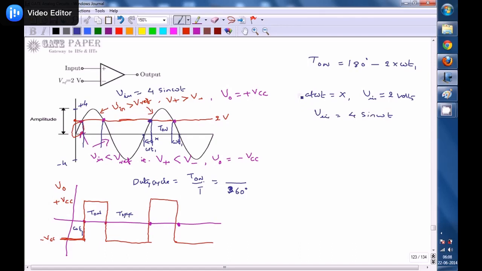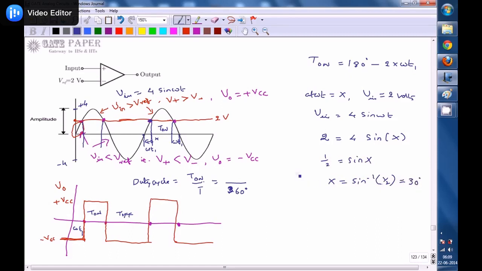Whenever omega t is equal to x, by that time the value becomes 2 volts. So you can write 1 by 2 is equal to sin x. X implies sin inverse of 1 by 2, which is nothing but 30 degrees.